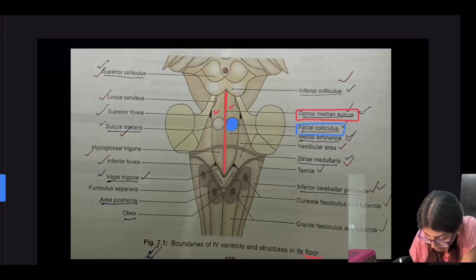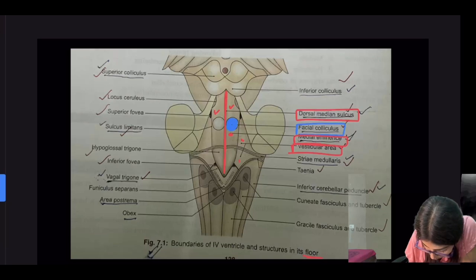Second, we have the medial eminence. The dorsal median sulcus divides the floor into two parts. This part is the medial eminence, and the second part is the vestibular area. This is our vestibular area. Some of the vestibular area lies in the pons region, and some lies in the medulla region.